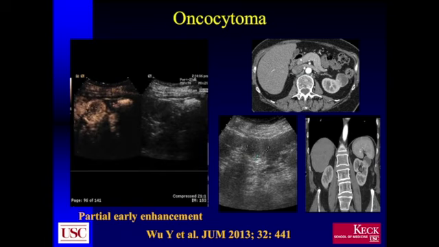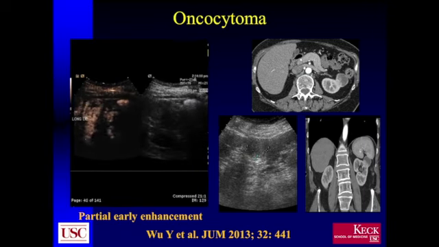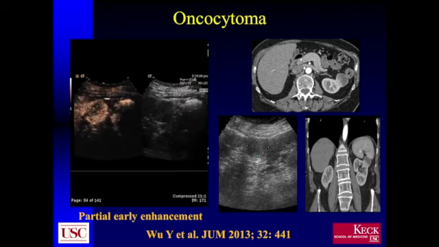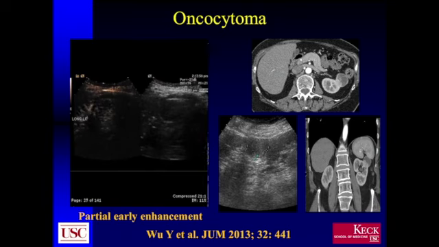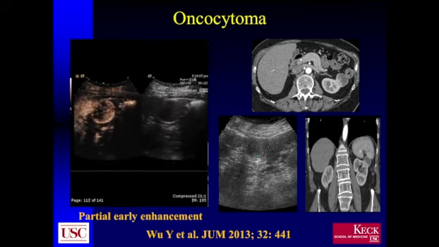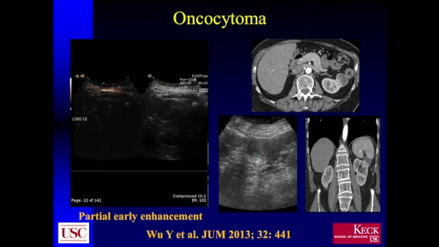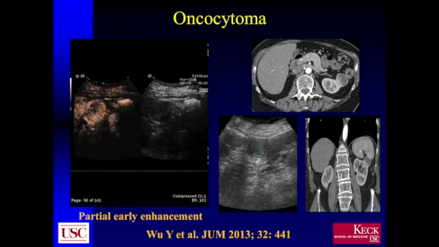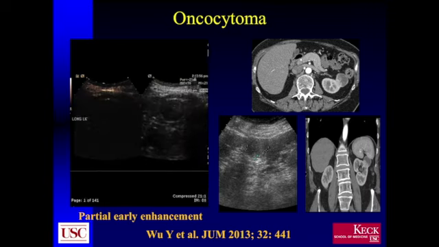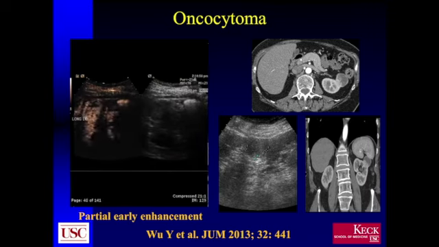So even if we were to be a little more specific with the contrast to be able to say, well, this is suspicious for an oncocytoma, I would be uncomfortable hanging my hat on that diagnosis because, again, sometimes there may be oncocytic components mixed with renal cells. So, again, most of these will probably need to undergo biopsy or surgical removal, depending upon the size.